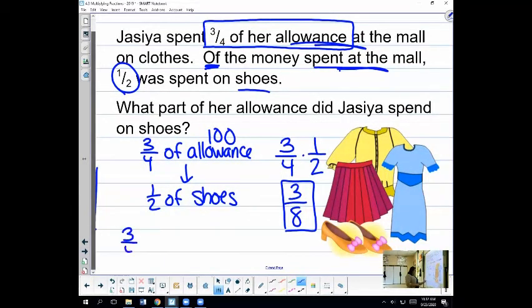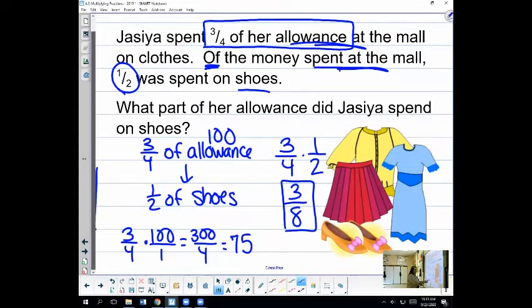So 3/4 of 100 would be 300 over 4. Or you could think about it this way, it would be basically take 100 divided by 4. So there's $25, right? Times 3, which would be $75. Okay, so $75 she spent from her allowance at the mall.